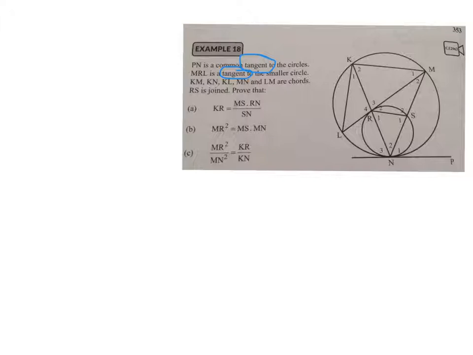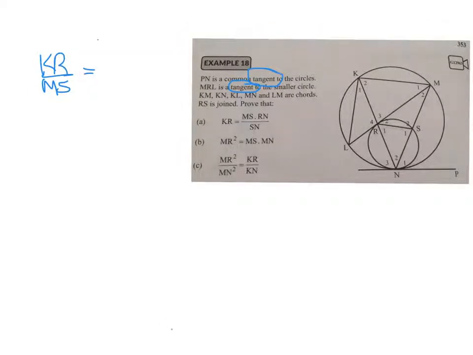So all the possibilities, I'm just going to write them here at the top. KR over MS is equal to RN over SN.